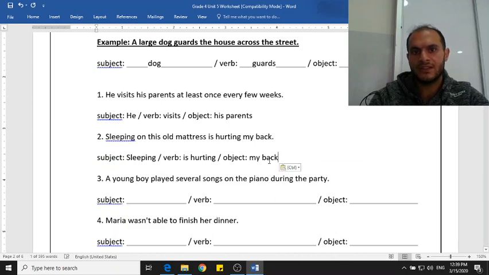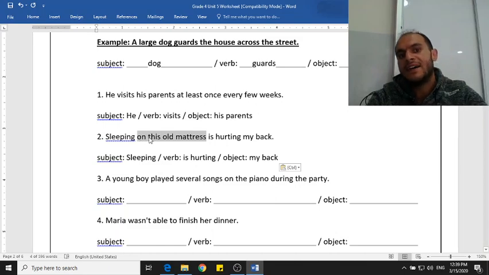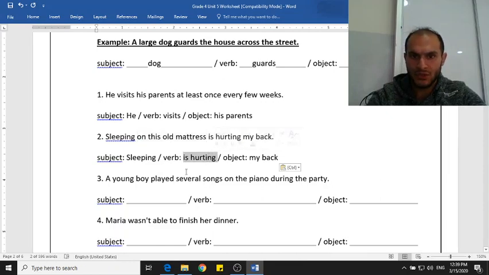So it is my back. Sleeping is hurting my back. This is the new sentence because I have a subject, a verb, and an object. Here on this old mattress, in this part of the sentence, we have details about the subject, but it's not the verb. The verb is always an action, something that we do or something that happens.